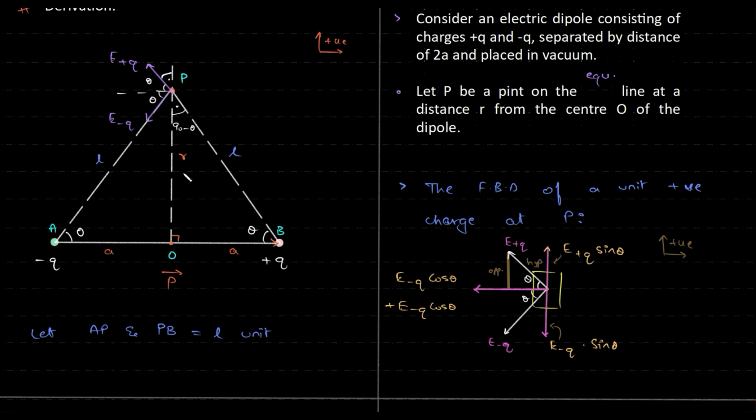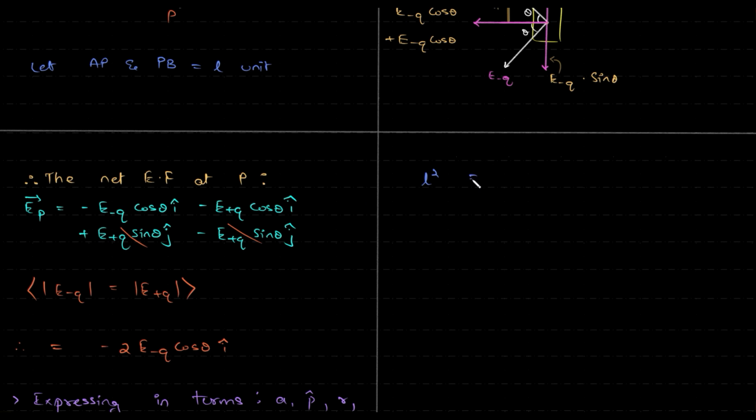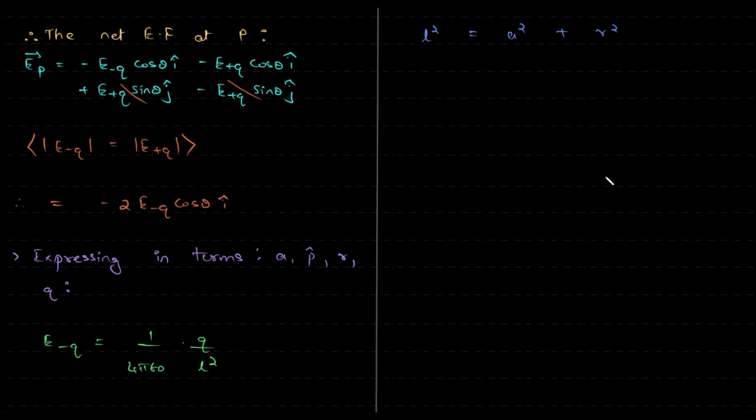Now we need to express L in terms of A and R. So obviously it is A square plus R square, not L square, my bad. L square is equal to this. And so we have 1 by 4 pi epsilon naught Q divided by A square plus R square, the whole square. Pythagoras theorem.